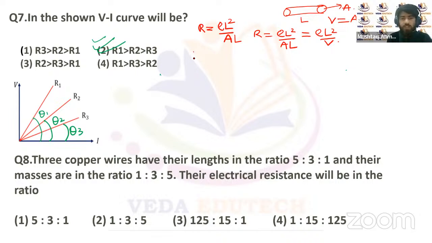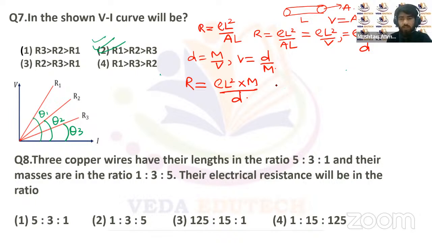We know the density D is defined as mass per unit volume, right? Replacing the volume, we'll get the resistance as rho L square multiplied by the mass of the conductor upon the density.